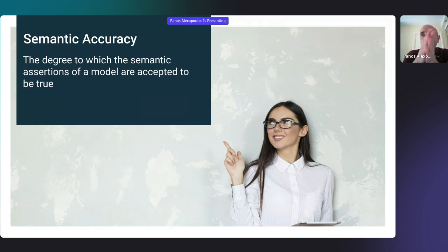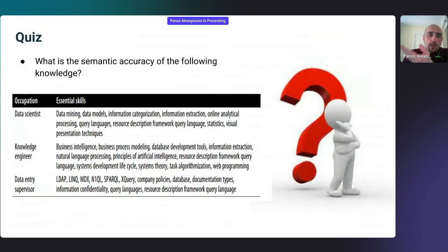So if, for example, you have a knowledge graph that says that Panos Alexopoulos works for, I don't know, Google, that's obviously wrong. It's a wrong statement, which means that it isn't correct, and therefore it lowers the accuracy of the graph.